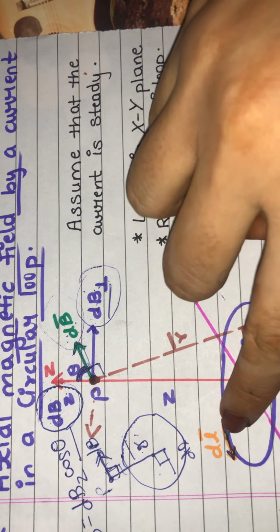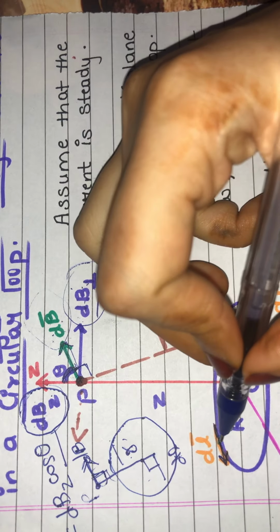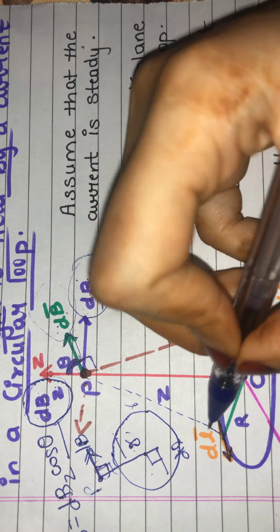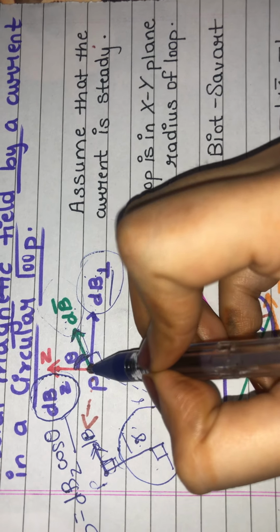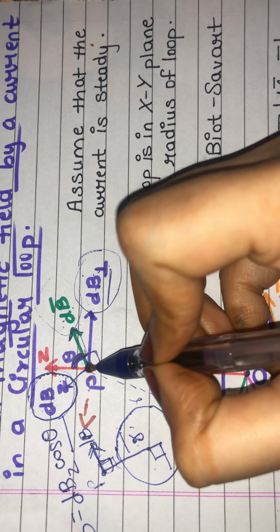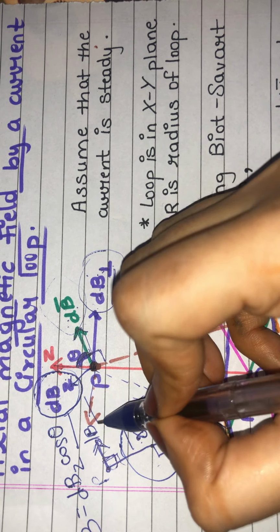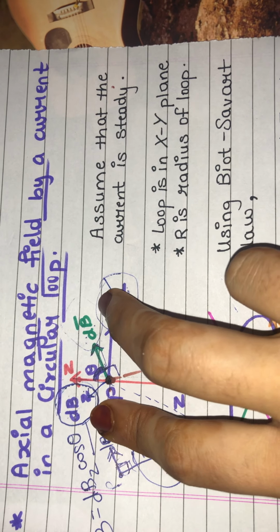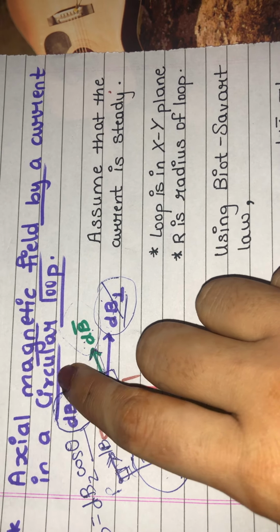So if I draw a line from dl to the point P, which gives me the distance, see, this is again 90 degrees. So at this point, dB will be over here, dBz will be over here, and dB perpendicular will be on this side. So this side and this side, dB perpendicular cancels out each other. So the component which remains is dBz. Only the dBz component remains.